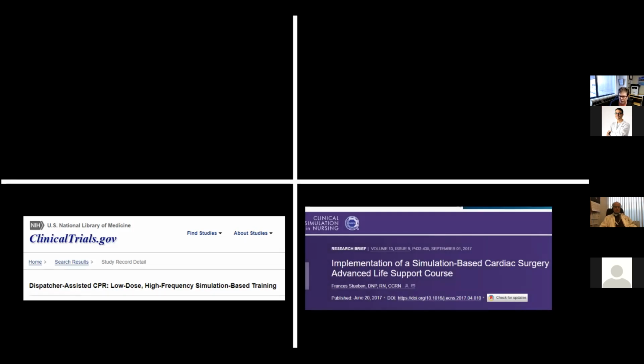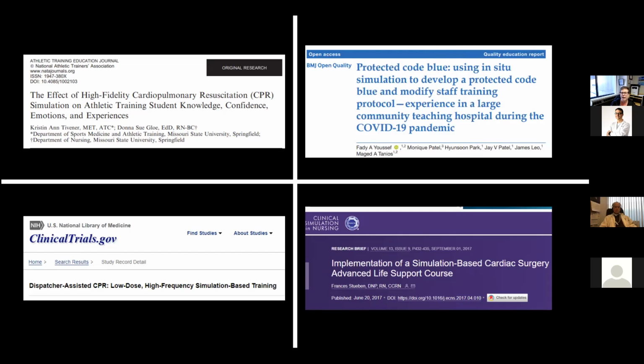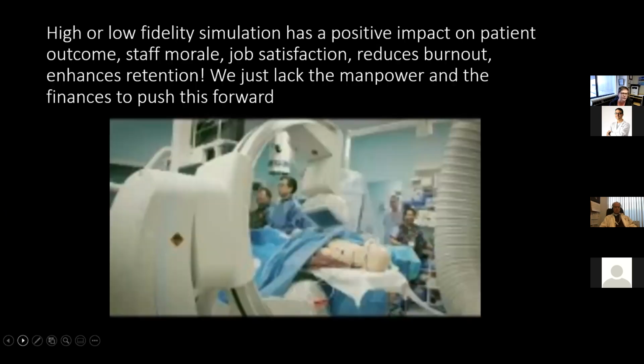If you look at cardiac surgery, it's robust. Even in non-healthcare providers, so in kinesiology courses and athletes, very important. And then in the era of protected code blues and COVID and pandemics, it's really been highlighted.